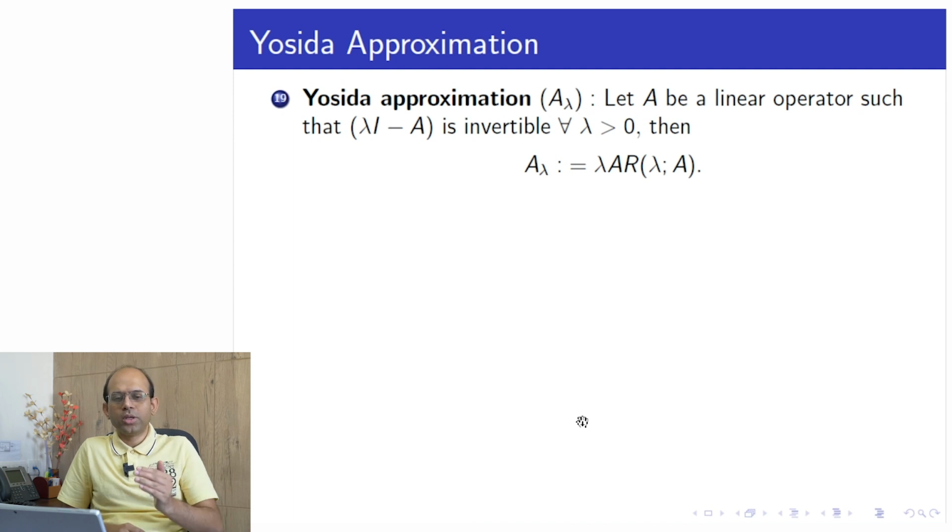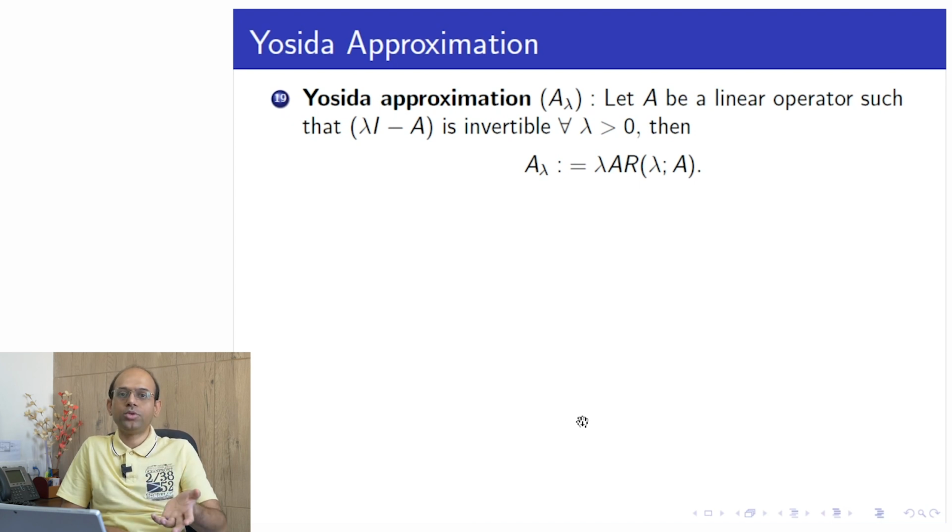Okay, so what we have seen earlier is that if your operator A is a bounded linear operator, you can always define e to the power of t times A, which forms a semigroup, and that semigroup is a uniformly continuous semigroup.